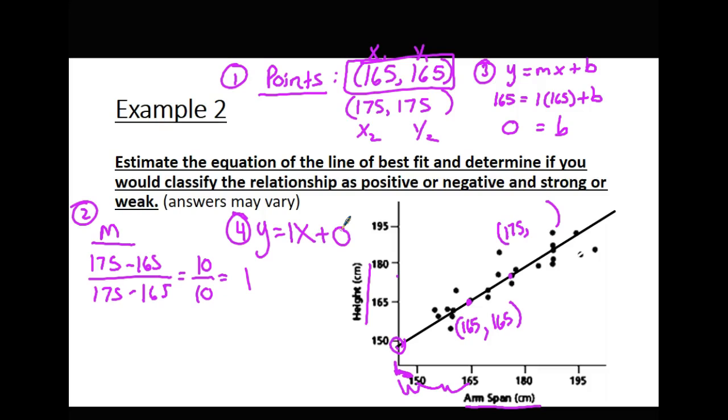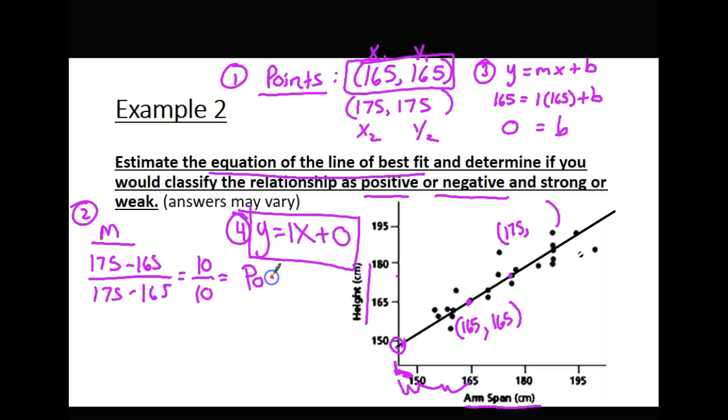And so what does that mean about arm span and height? They're pretty much the same, right? Whatever your arm span is, that's what your height is. Okay. So this is the answer to the first part of the question. It said find an equation of the line of best fit. Would you guys say that this is a positive relationship or a negative relationship?